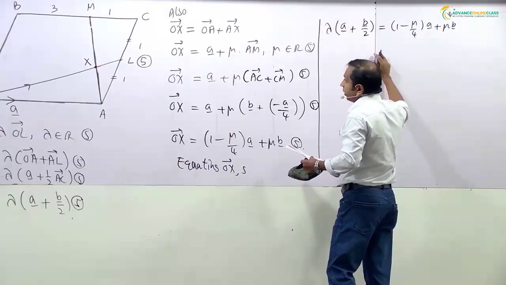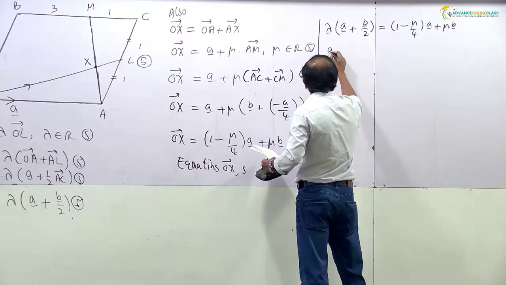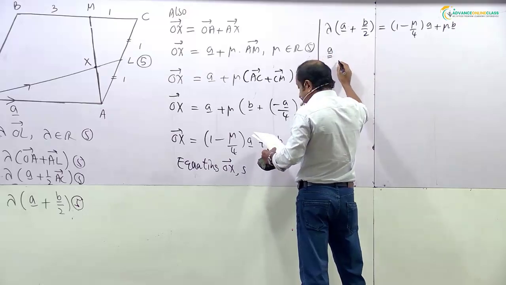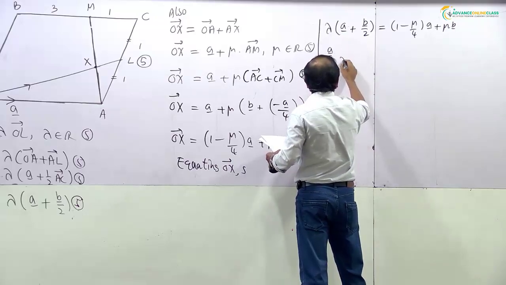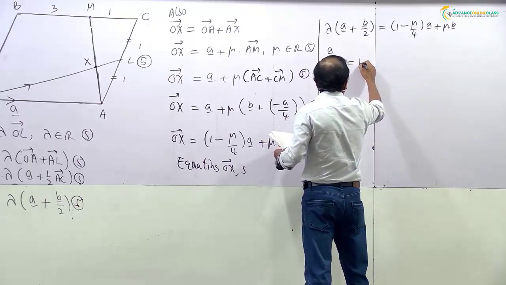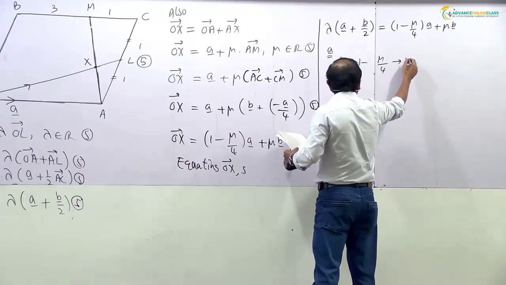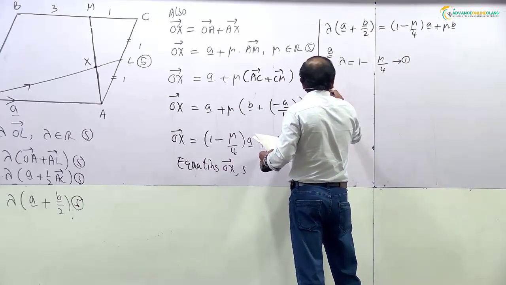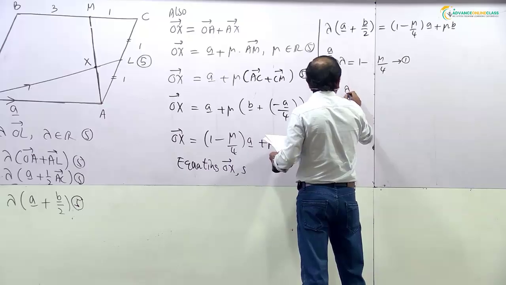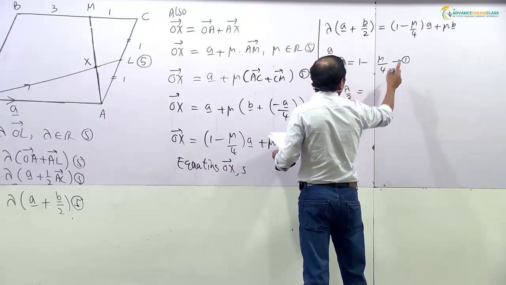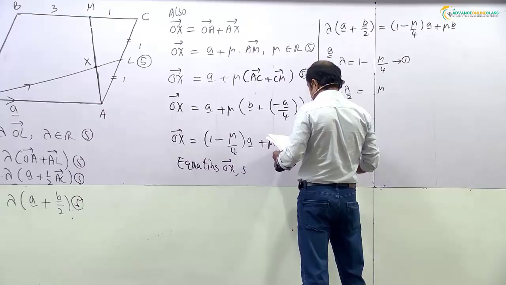Now A and B are non-parallel, non-zero vectors, no? Then the left and right coefficients of A and B we can equate. Here lambda, right hand side 1 minus mu by 4, number 1. Secondly, equate B coefficients in the left and right: lambda by 2 is equal to mu. Right.